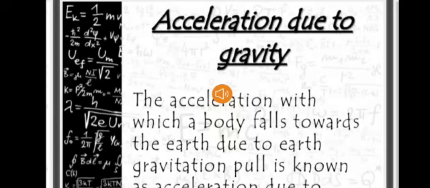Small g is the acceleration due to gravity and its value on the surface of the Earth is 9.8 meter per second square. So acceleration due to gravity is the acceleration experienced by a body due to the gravitational force of the Earth.